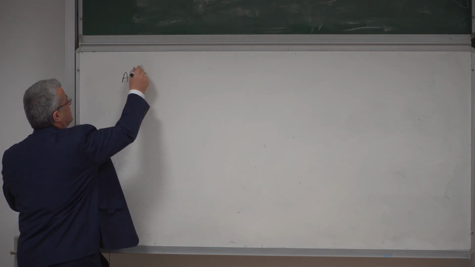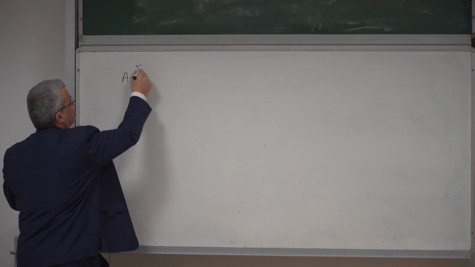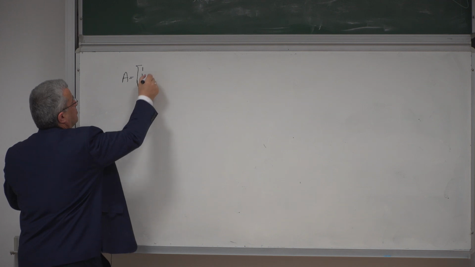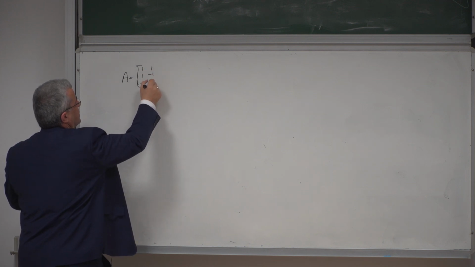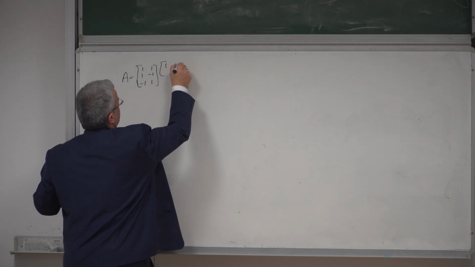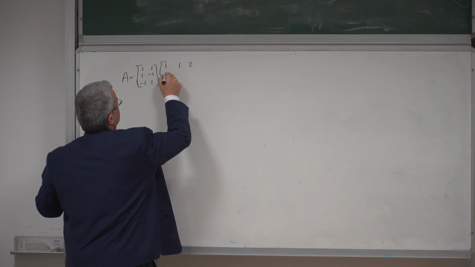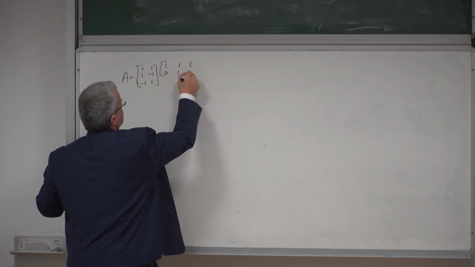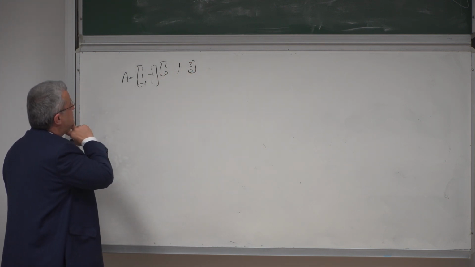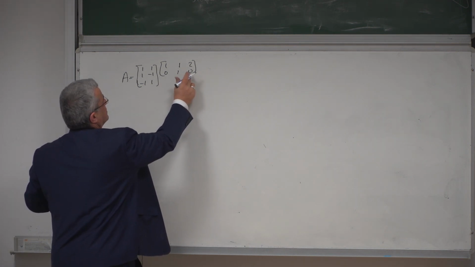Let's say we have a matrix A equal to [1, 1; -1, 1; -1, 1] times [1, 1, 2; 0, 1, 0; 0, 0, 0].